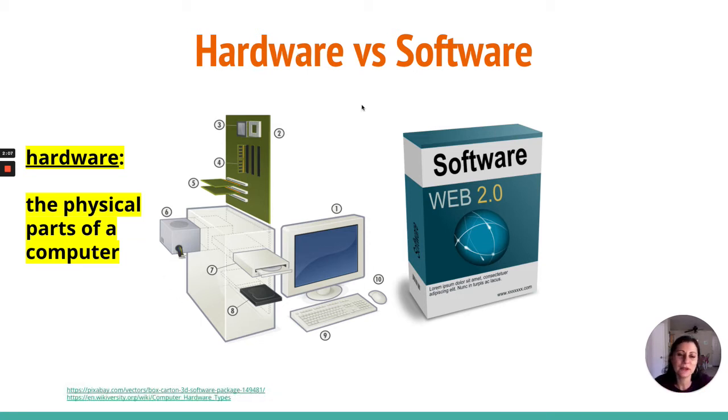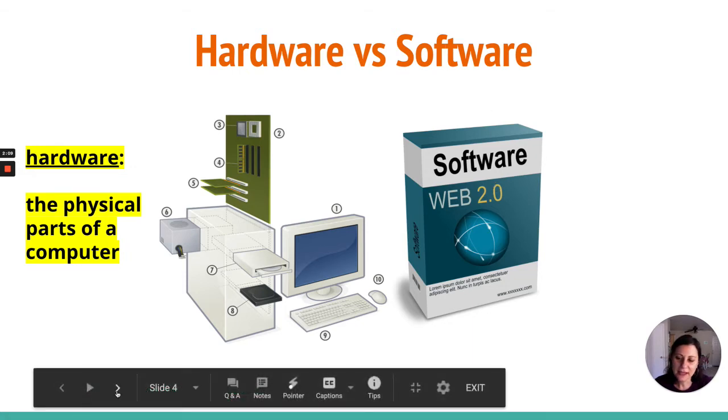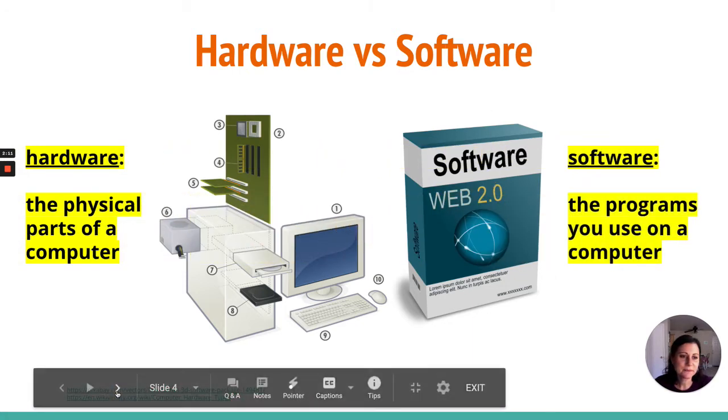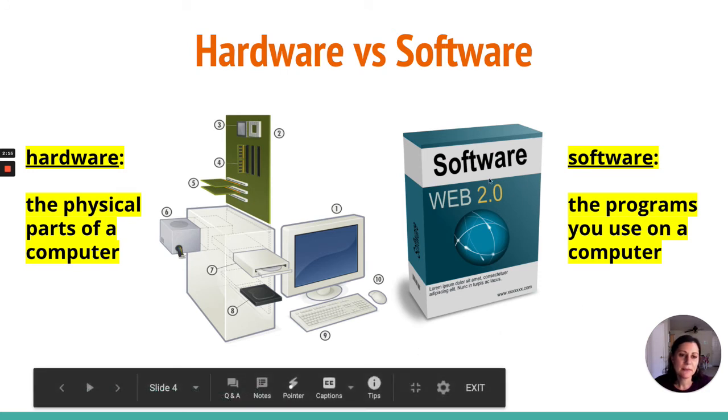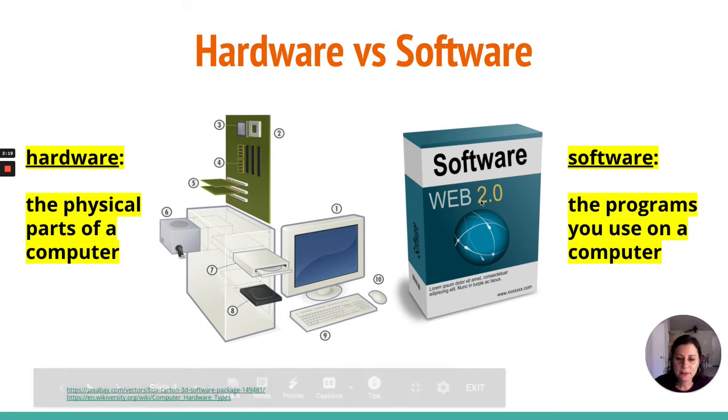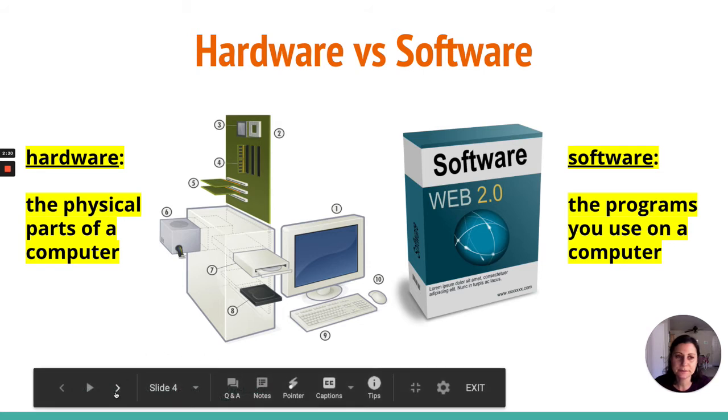We say hardware. On the other hand, software are the programs you use on a computer. So maybe it's a program to search the internet, or maybe it's a word processing program to create documents or presentations. So software are the programs that you can install or use on your computer.